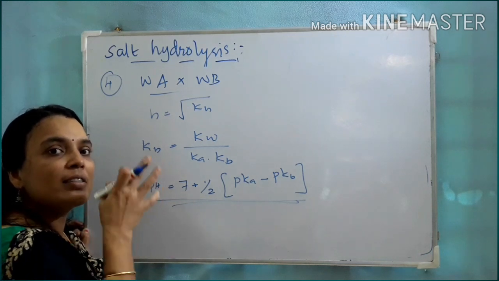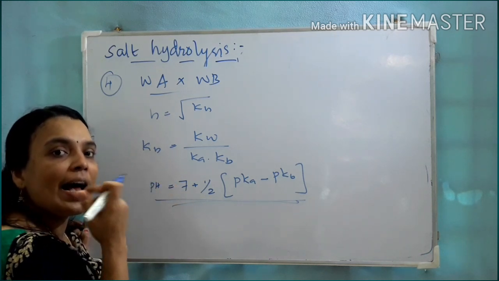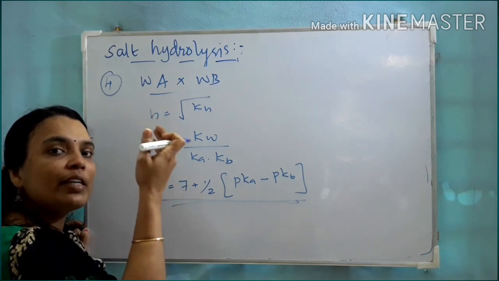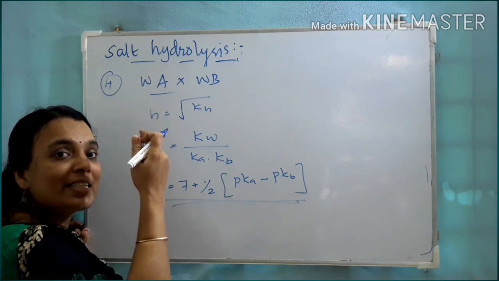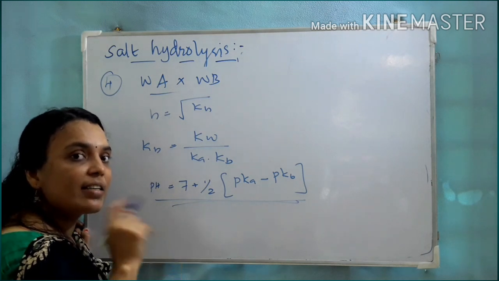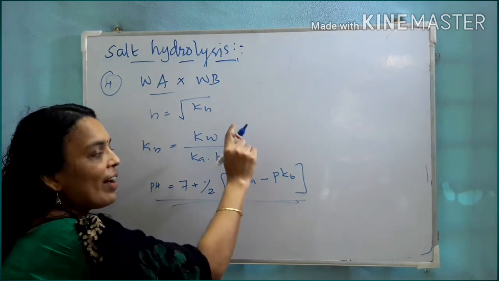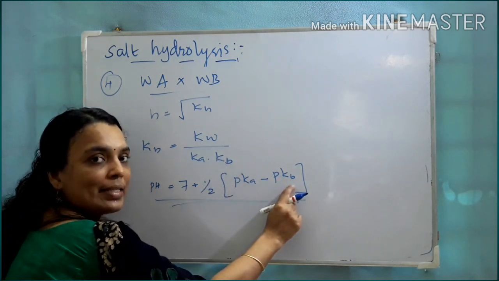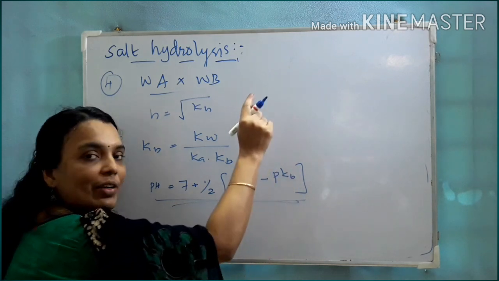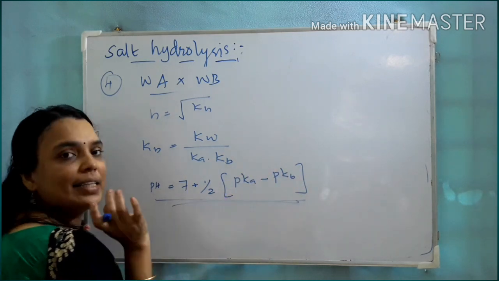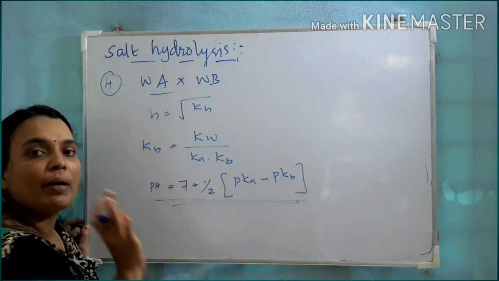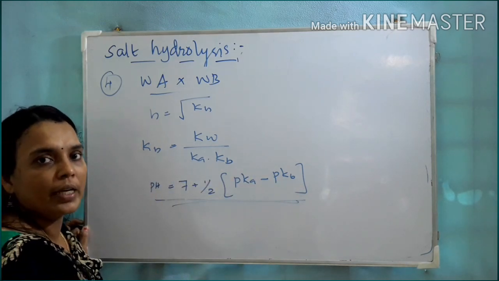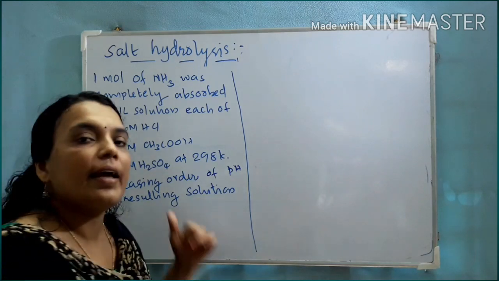Ka is the dissociation constant of an acid. So if Ka value increases, acidity increases. If pKa value increases, acidity decreases. Remember that. So if pKa value increases, the solution becomes basic. If pKb value increases, the solution becomes acidic. If pKa and pKb both are equal, the solution becomes neutral. Clear?